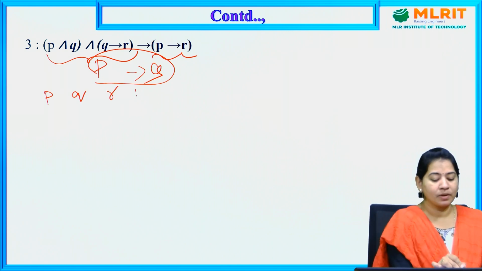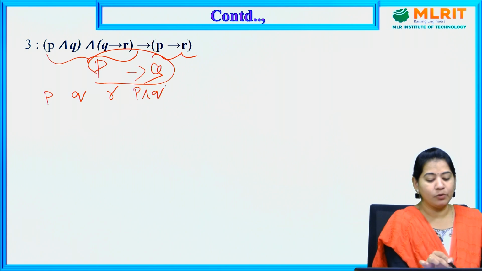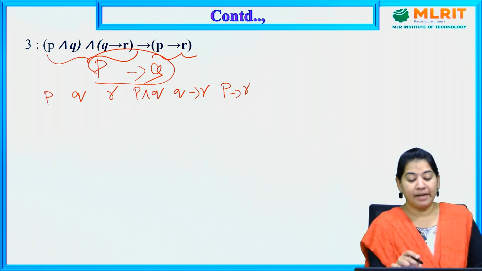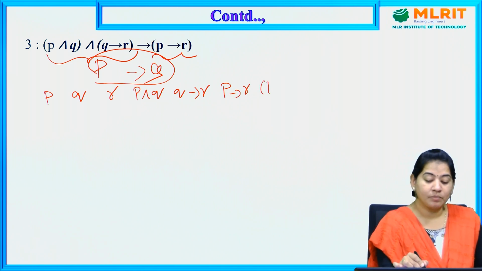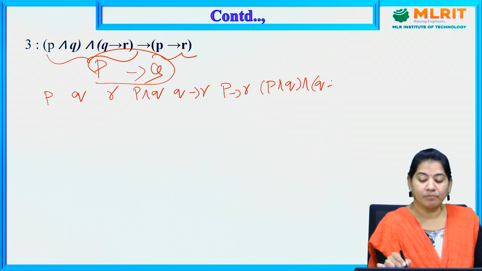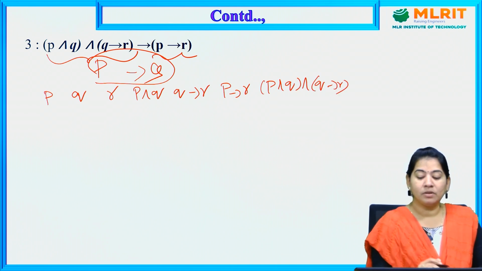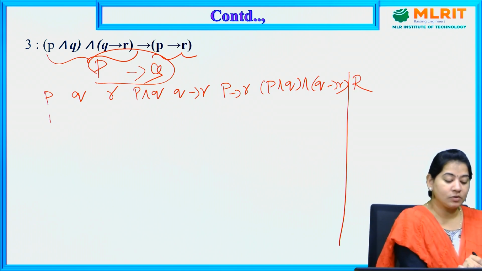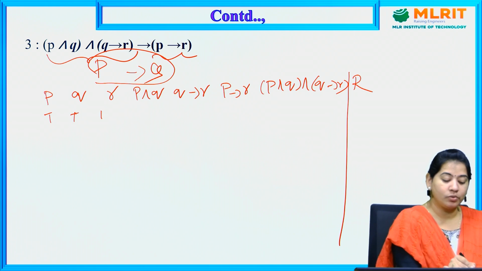PQR. Next you will get P and Q, Q implies R. Next you need to write P implies R. So next here P and Q implies R. So on the whole, next resultant value. So here first let us go for the combinations true, true, true.